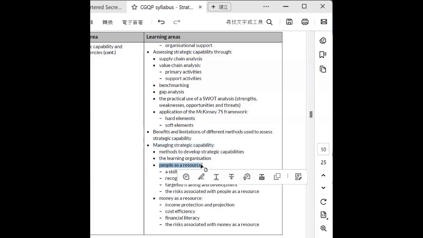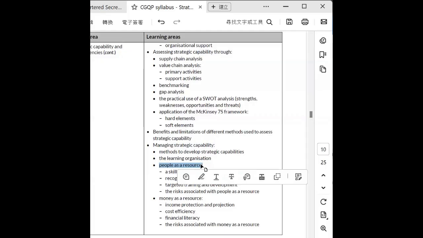People as resources, right? I think that's quite obvious. We use the skills and knowledge matrix to identify the gaps and align the talents with the strategic goals. We have to recognize individualities.